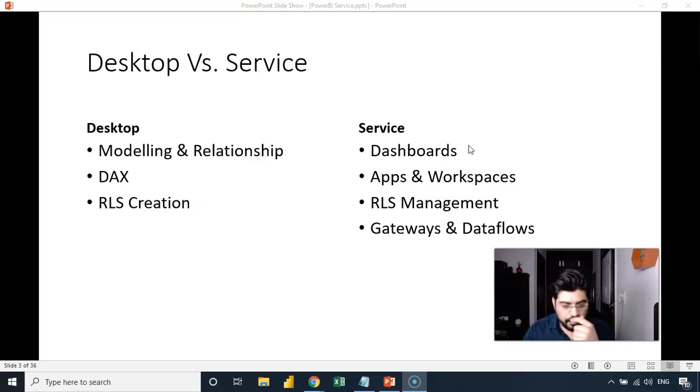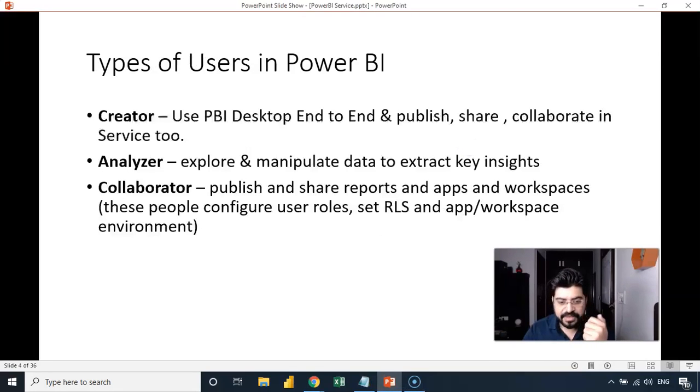Right. Now let's move on and talk about the types of users in Power BI. Broadly, these are of three types. One is the creator of the report. As you can see, the person who uses the desktop application end-to-end, publishes, shares, and collaborates in service too. So you will be considered the creator of the report if you're going through this entire course, because we are acting as a creator only.